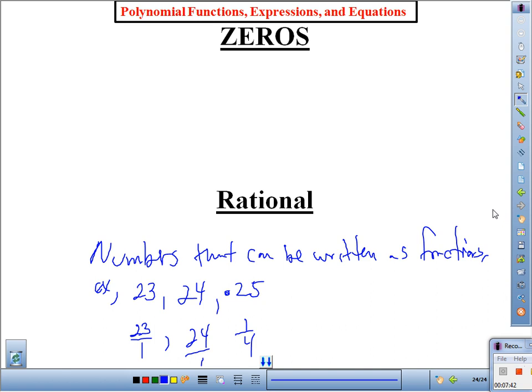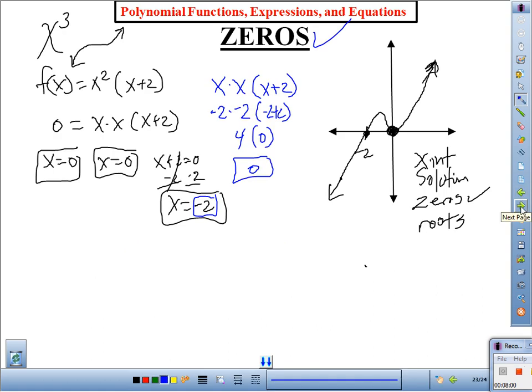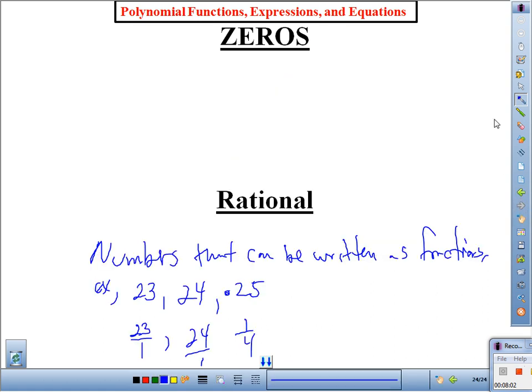Colton, I saw you paying close attention to Monza's definition of zero or rational zeros. What did she say rational zeros were? Okay.